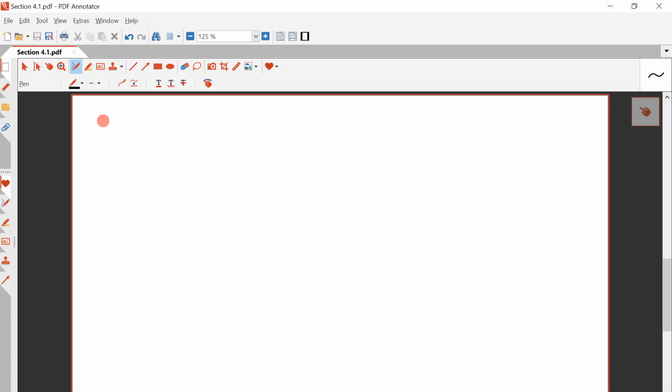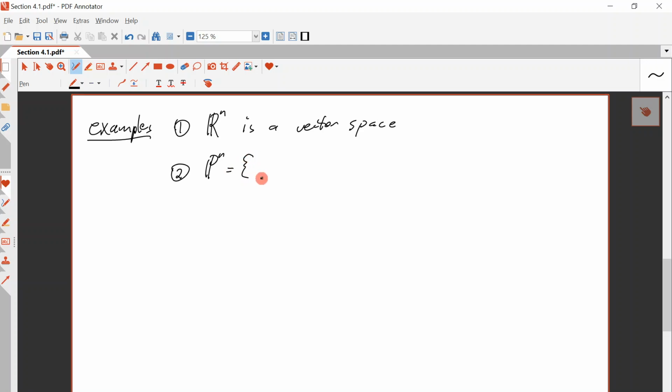All right, so for example, one, Rn is a vector space. We've already talked about that before. 2, Pn is equal to the set of all polynomials of degree less than or equal to n.